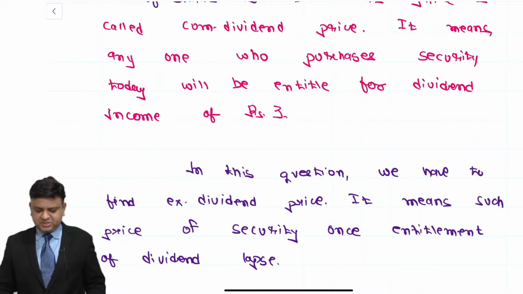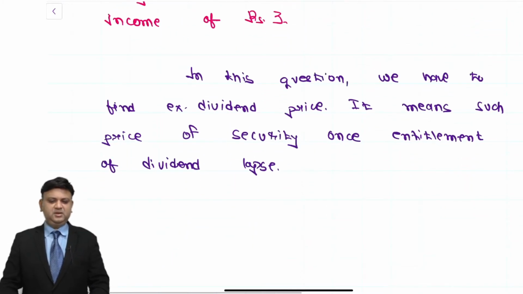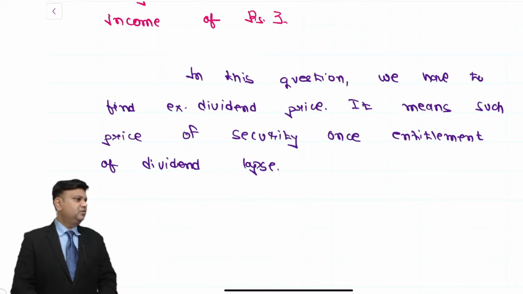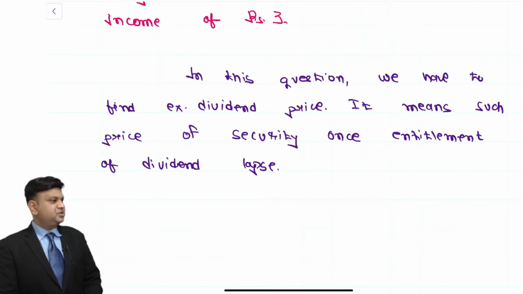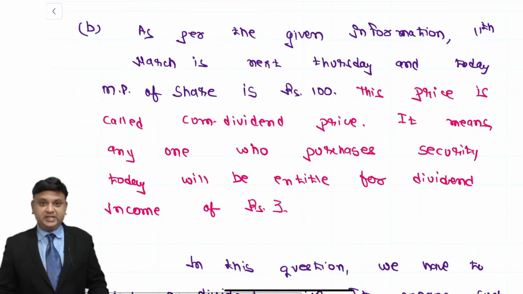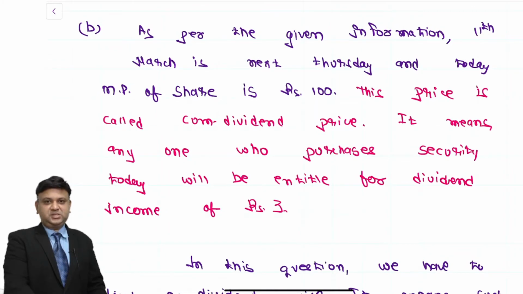Giving some explanation to you, it's very simple. Ex-dividend means that once the right of the dividend is lapsed, what will be the price of the security? In short, what will be the price of the security from 10th of March onwards? That is what we are required to answer in the B part of the question. Please write your answer in the chat box.